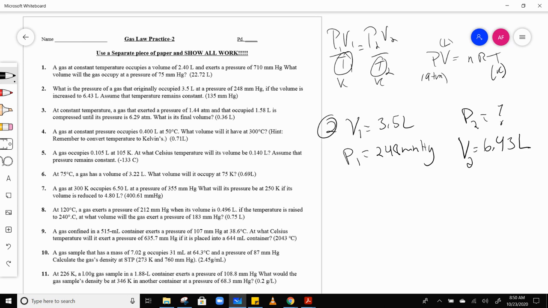Another kind of easy one here. So P1V1 equals P2V2.